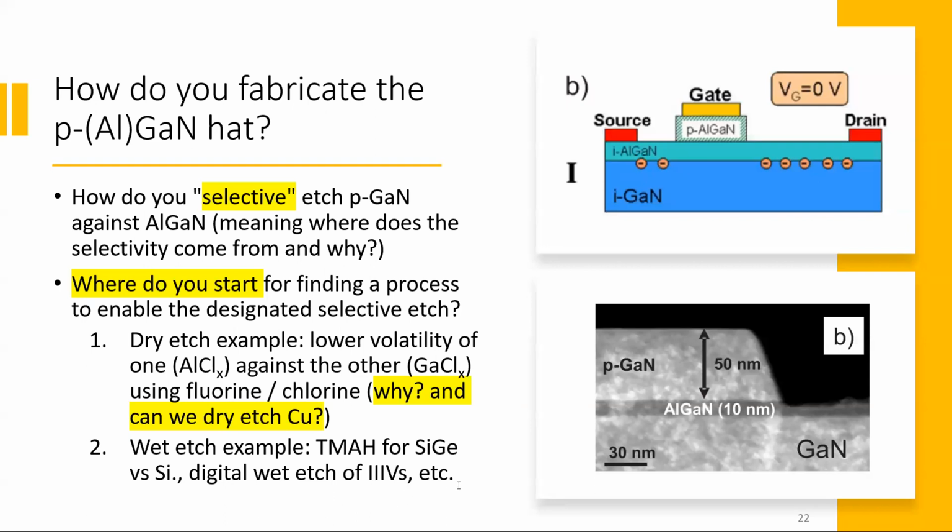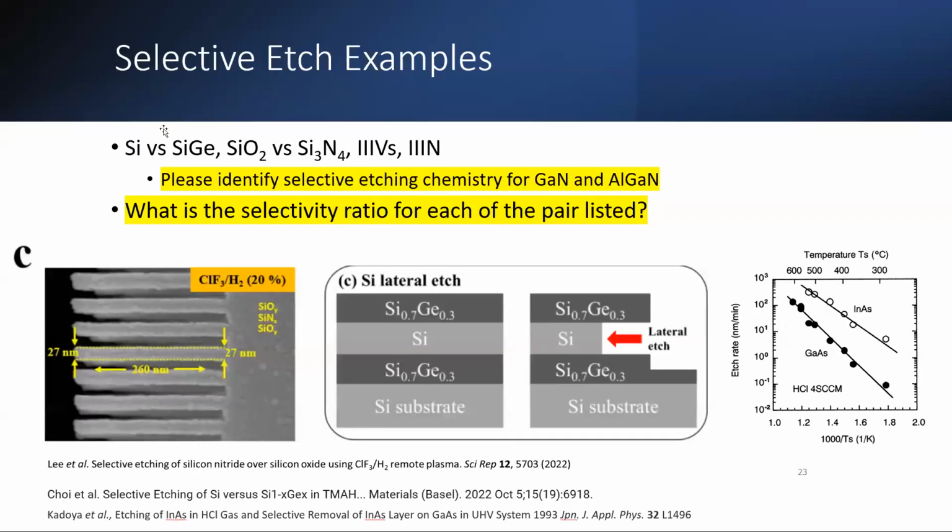That people have studied a lot. And then you could go to these chemistries that I have other topics to cover as well. So these are process-related questions. I give you examples. Selective wet etch, is dry etch or wet etch. You can see that this is dry etch. Okay.